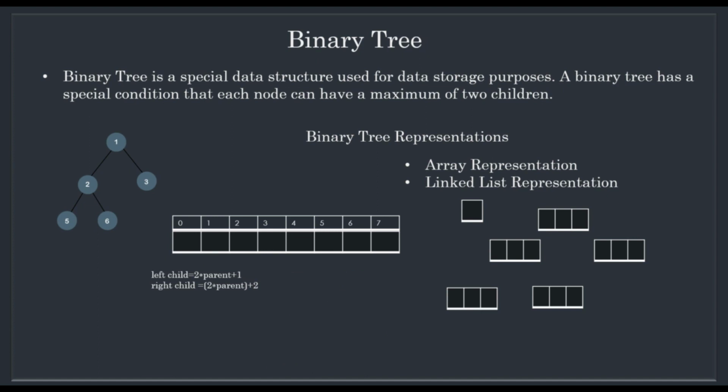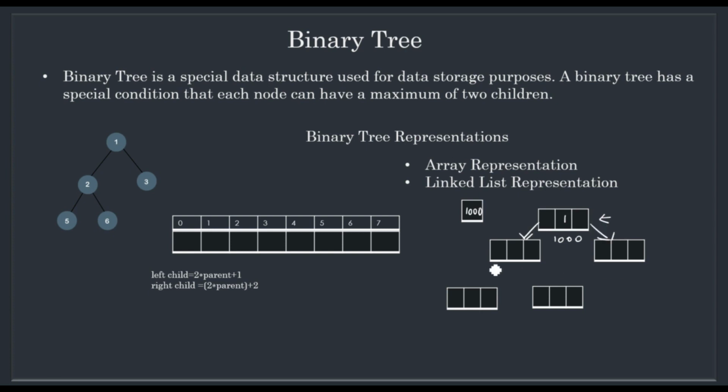So that is the array representation. Then we go to the linked list representation. If the root node address is 1000, that is held in a pointer to the first node of our linked list. In this first node our root node is set. So 1 is here, and like a doubly linked list, there are two pointers, one for the left child and one for the right child.